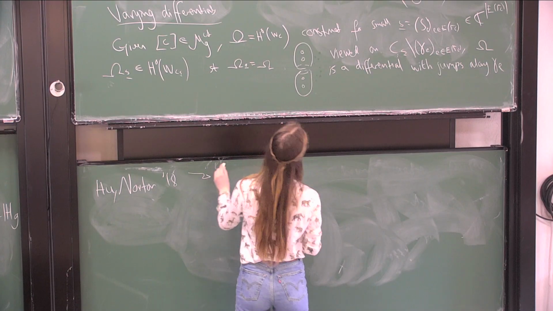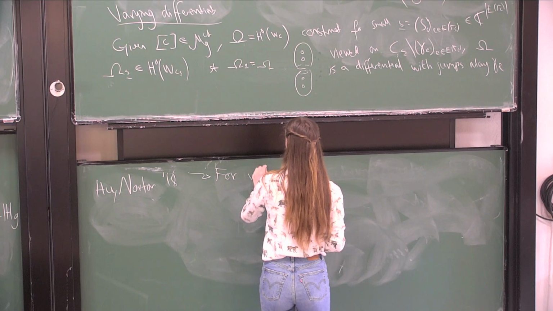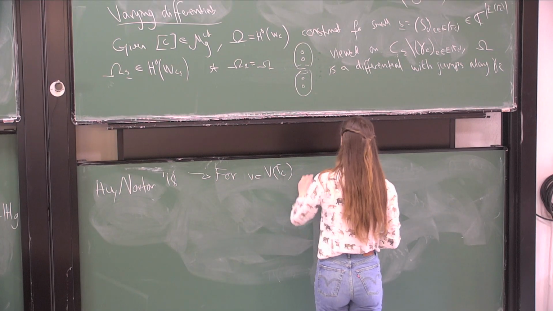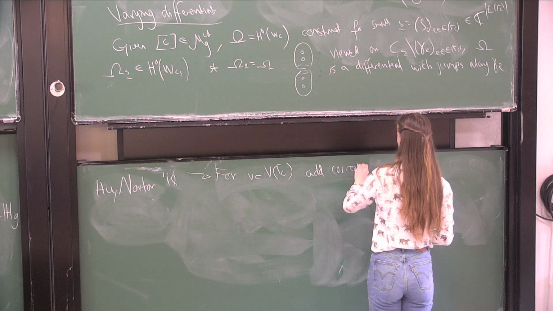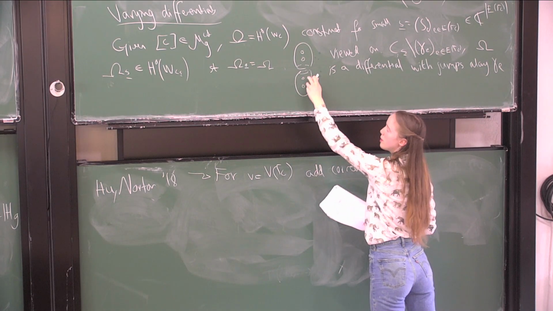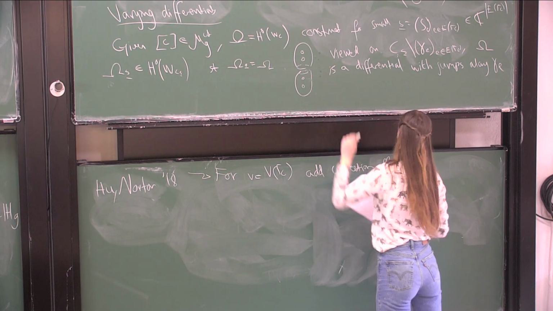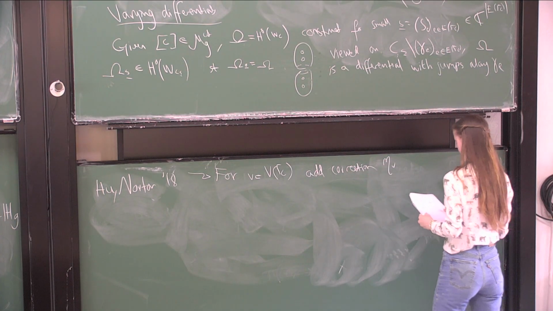They construct, for every vertex, they add a correction term to this part of the smooth end curve that corresponds to the irreducible component associated to this vertex.